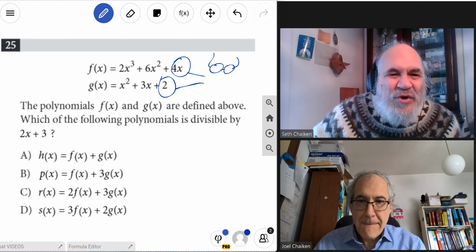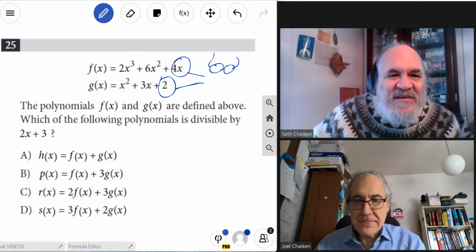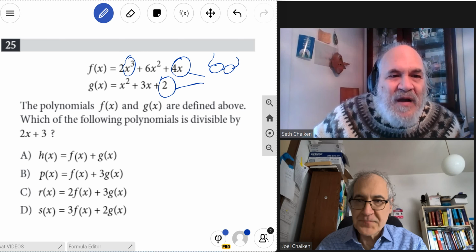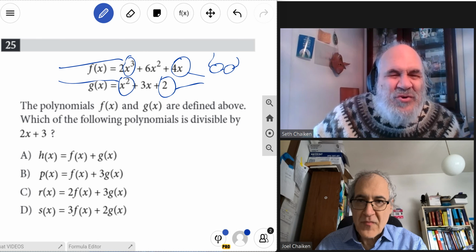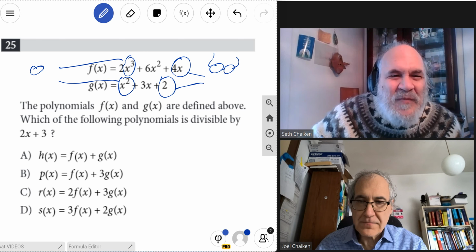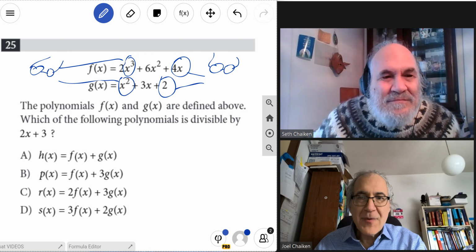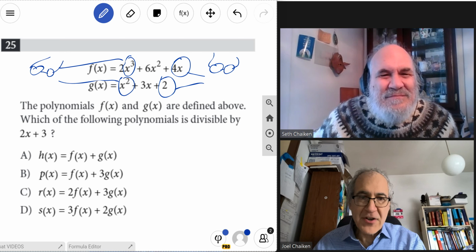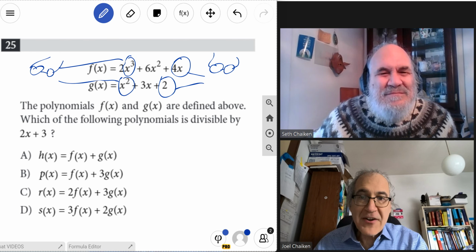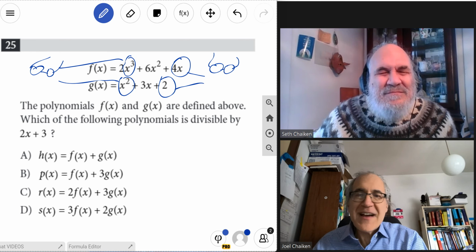And now I also see there's another difference: there's an x cubed here versus an x squared. So what Seth's looking for is a pattern. If you don't see a pattern on this question, then you will definitely not get it right.